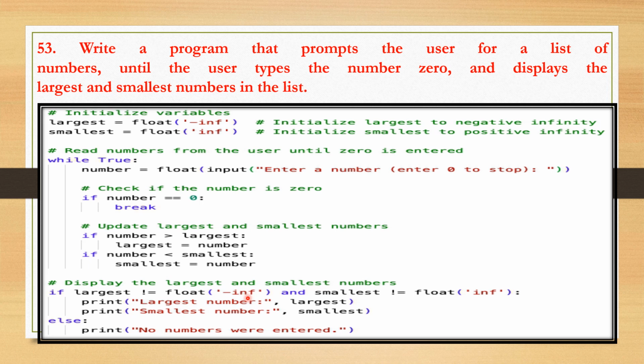If the number is smaller than the current smallest, it updates the value of smallest to the entered number. After this loop terminates, the program checks if any numbers were entered by comparing the values of largest and smallest. And finally, if no numbers were entered and the values of largest and smallest were not updated, the program prints a corresponding message.